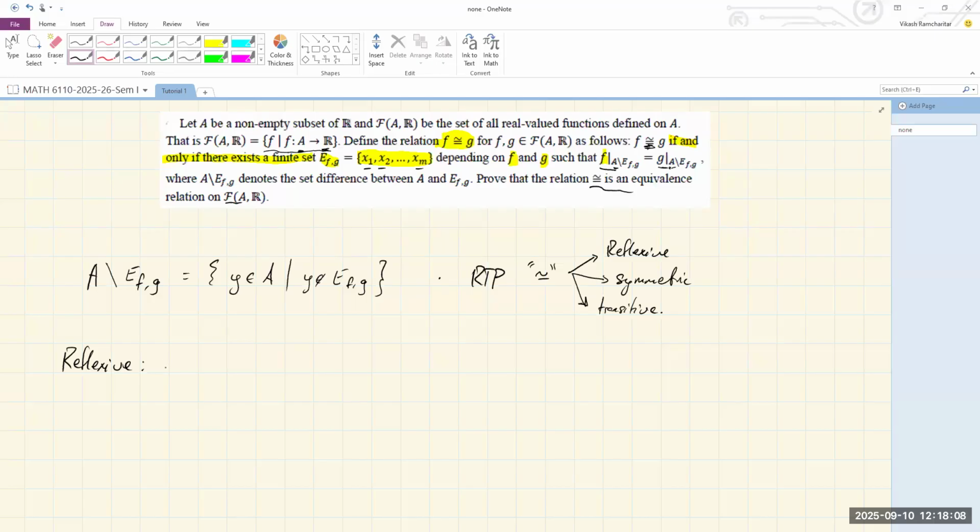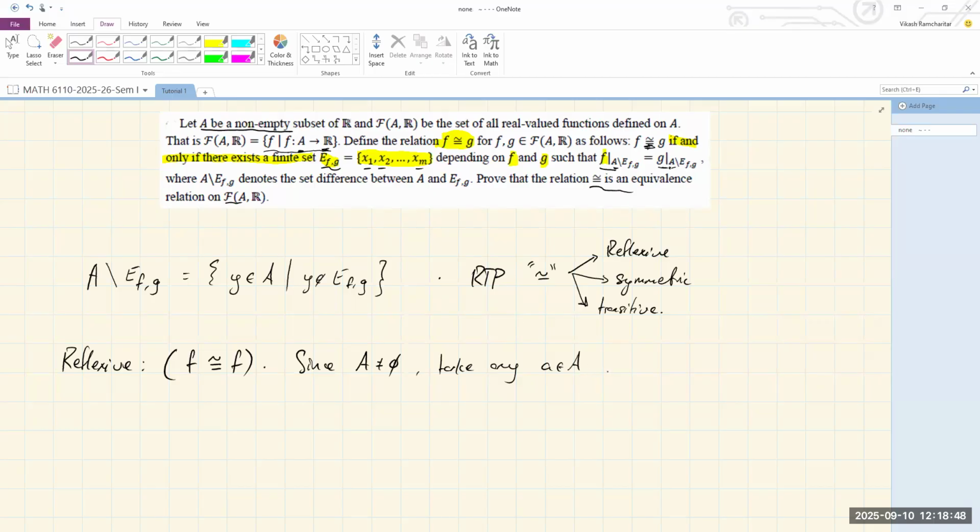So reflexive basically means I need to show that every function f is related to itself, right? And notice that they said the set A is non-empty. So we could say since A is non-empty, that means I could take any point of A, and I need to construct a set, in this case, E_F,F.